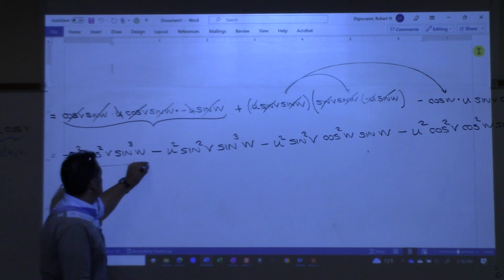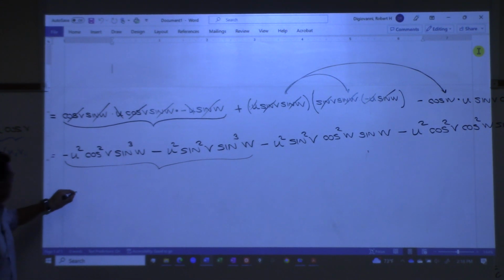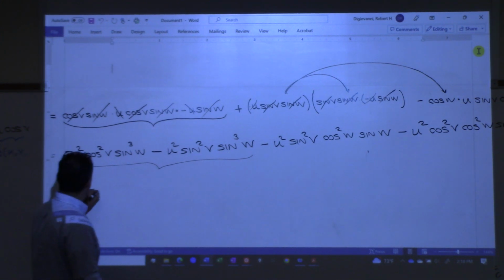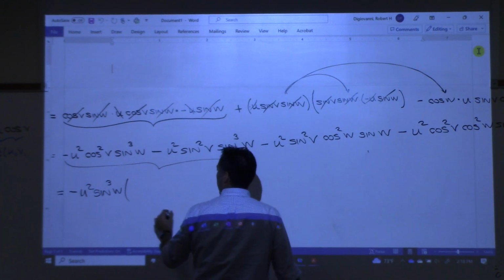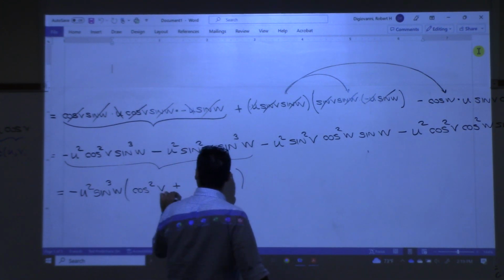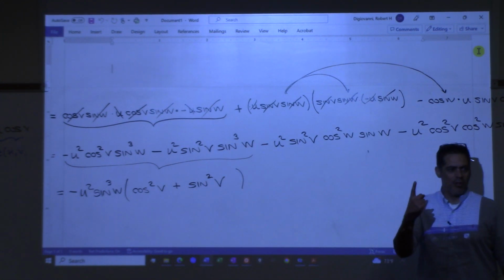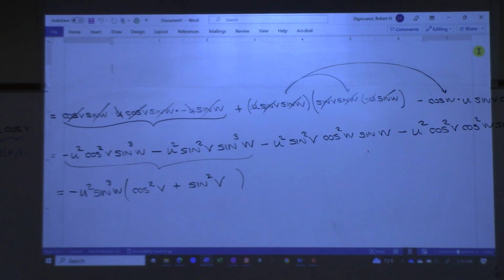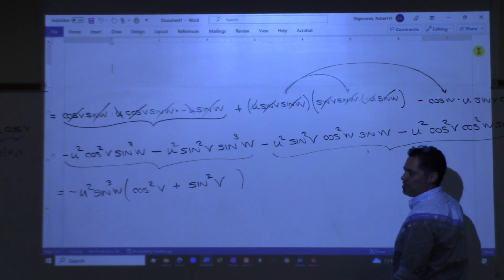So look at these first two terms right here. And let's pull a GCF out, greatest common factor. What do they both have in common? Negative u squared, sine cubed w. And what were you left with when you did that? Cosine squared v plus sine squared v, which will turn into a 1. And then on these two terms, let's pull out the GCF here.